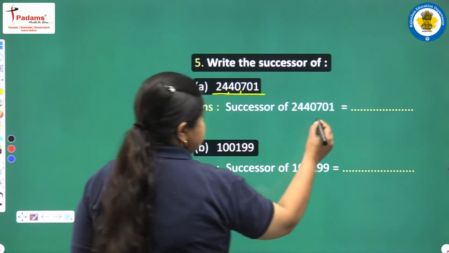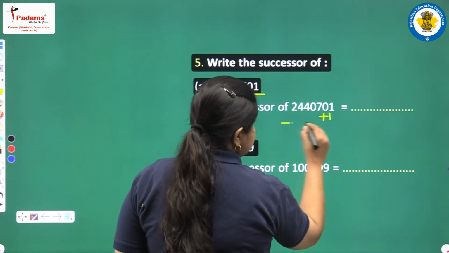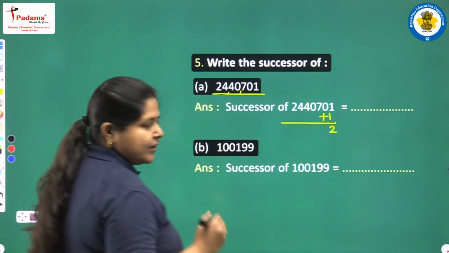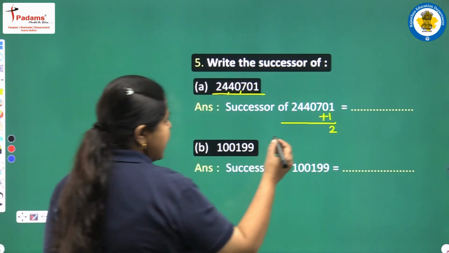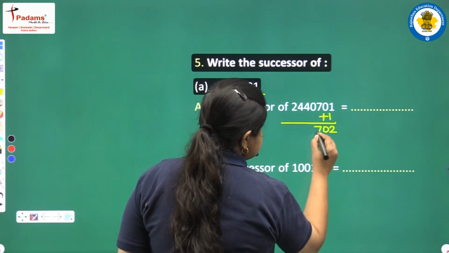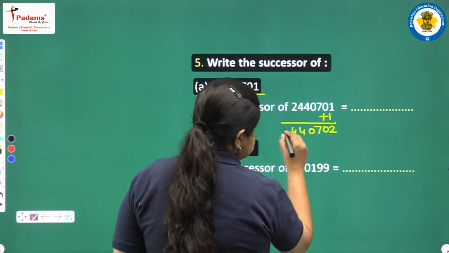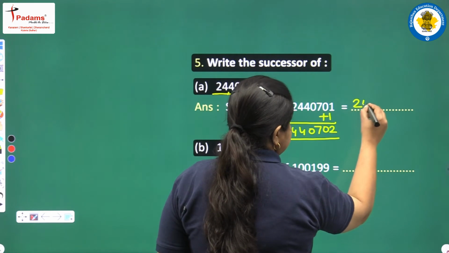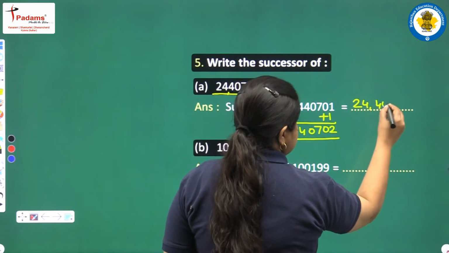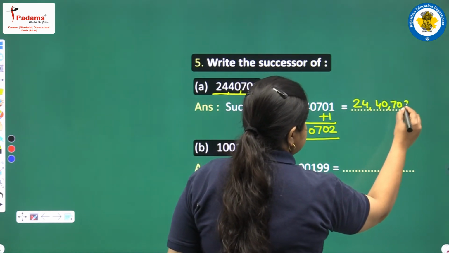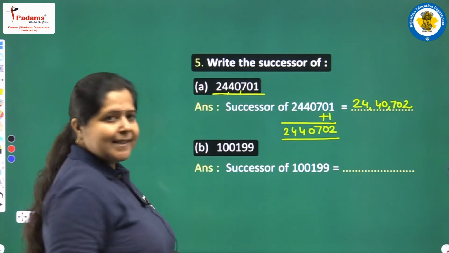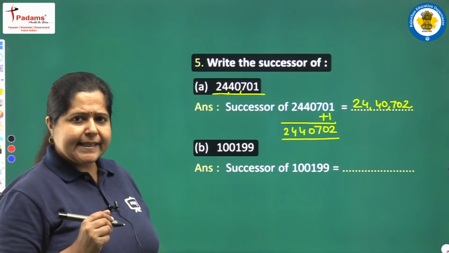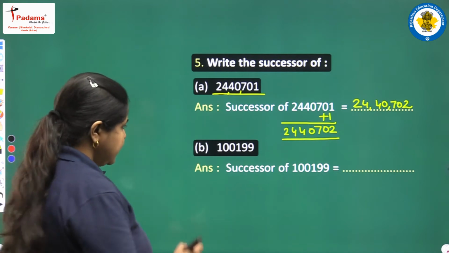It will become 2 and the remaining digits will be the same. So 24,40,702 is the successor of this given number. It's very easy, simply add 1.